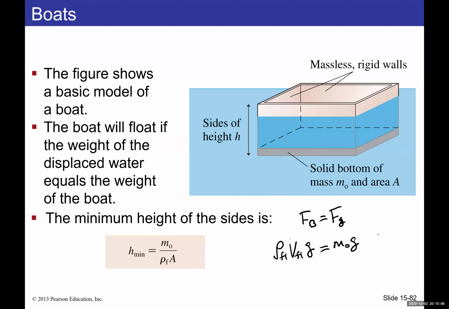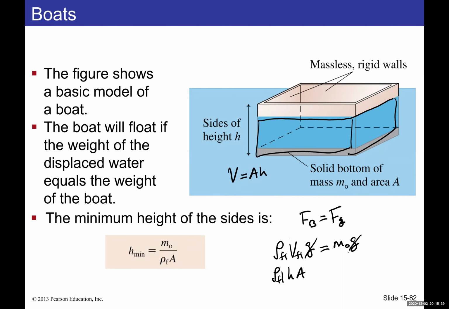Now, looking at it in terms of the amount of water that we have displaced, the density of the fluid times the volume, and remember, volume can be written as area times height. So in terms of density of the fluid times height times area, I can cancel the g from both sides, and this equals the mass of the object.